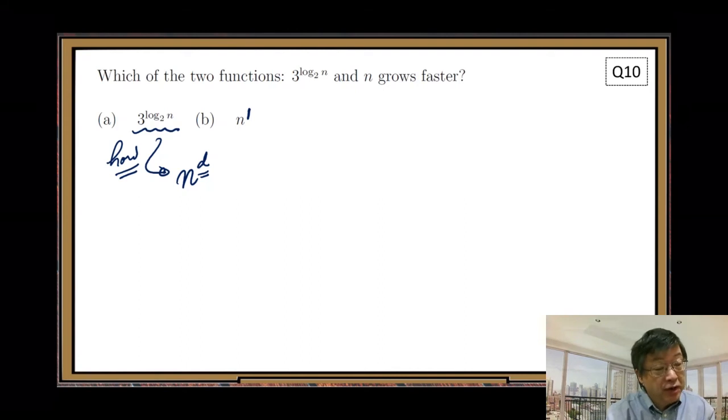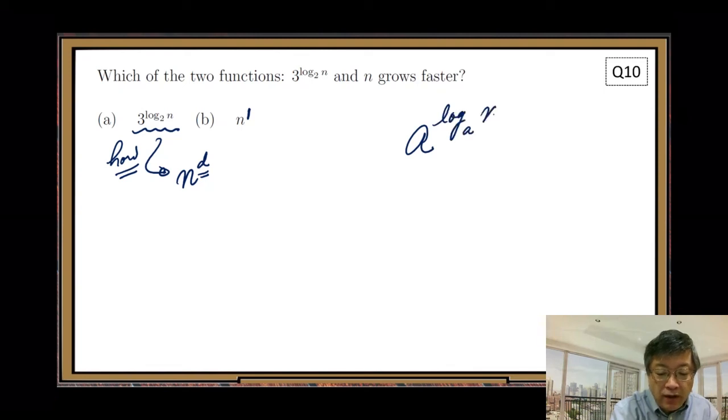Before we do the conversion, I want to recall a basic formula related to exponent and logarithm. That is a to the log base a of n equals n. What is the condition for a? First, a must be positive.